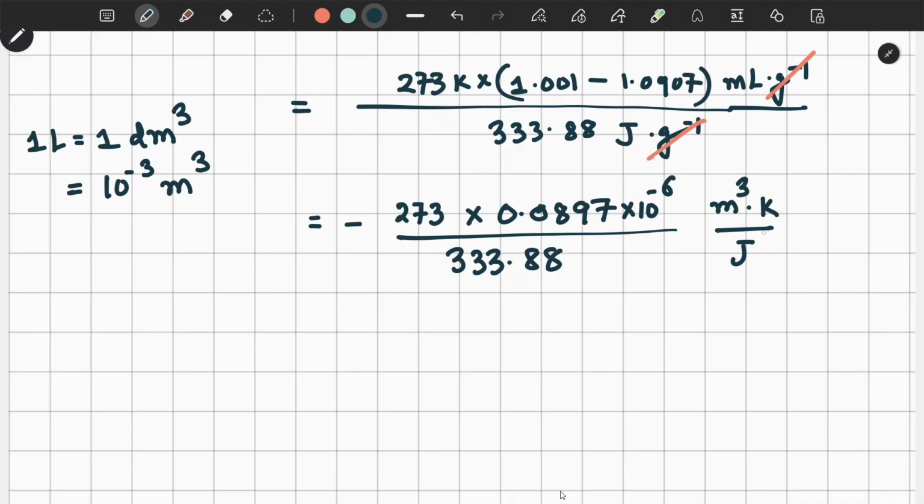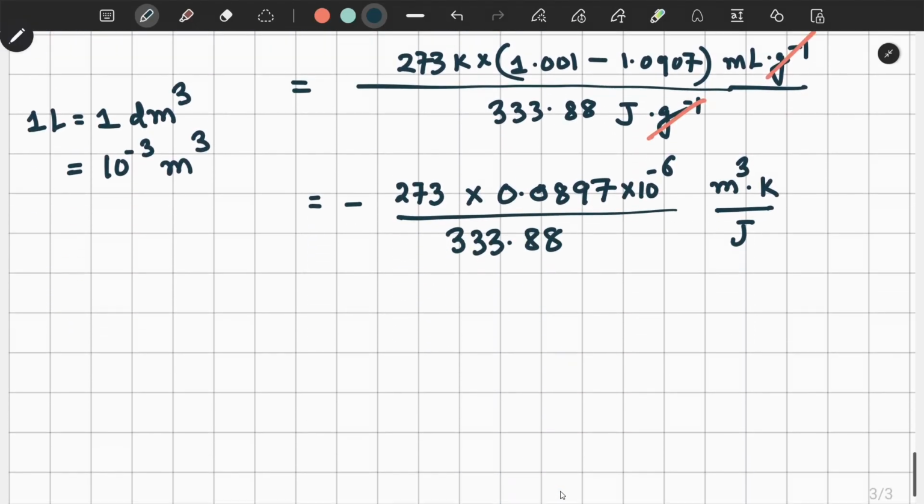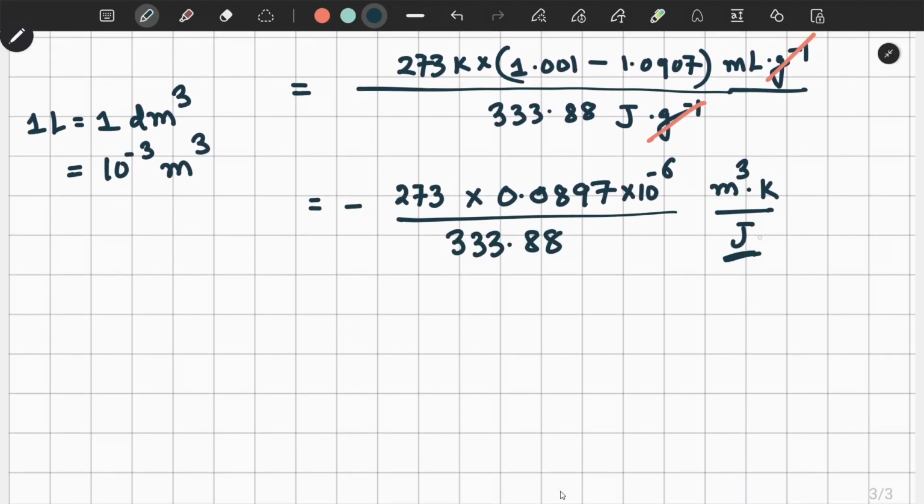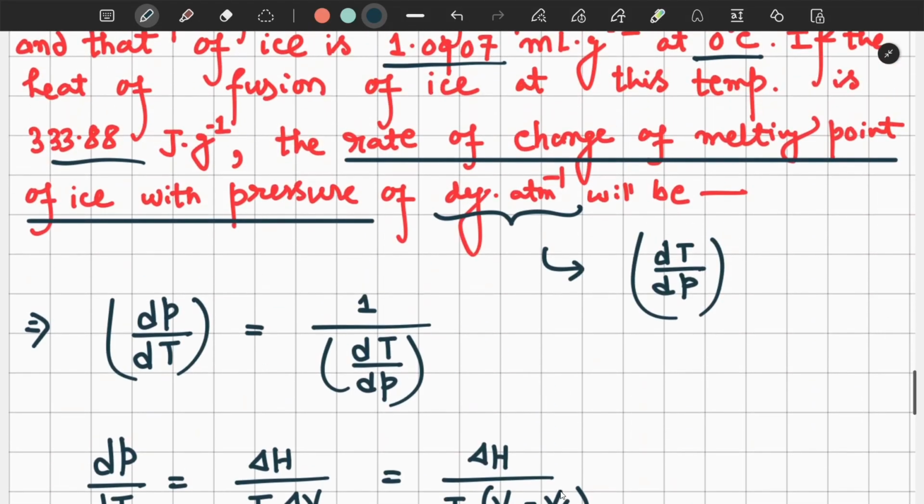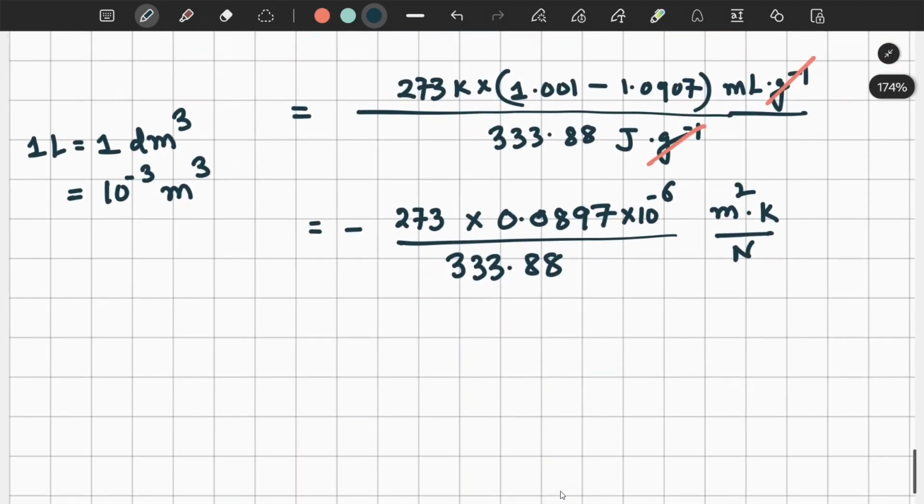And joule, what is the unit of joule? If you break the joule into basic units, what will it be? Newton into meter. Correct. Now Newton, because you have to go to the basic unit, they have asked in atm. So you have to convert to atm, because ultimately there will be the unit of pressure.